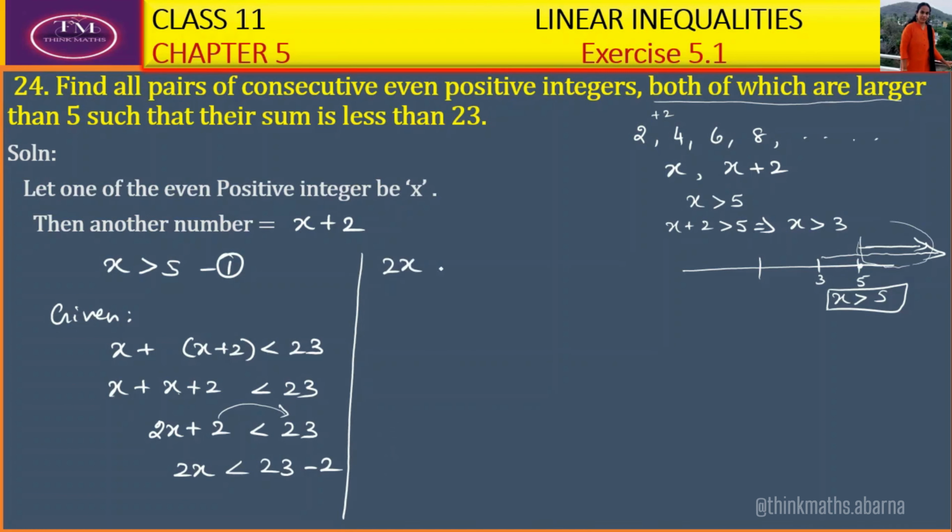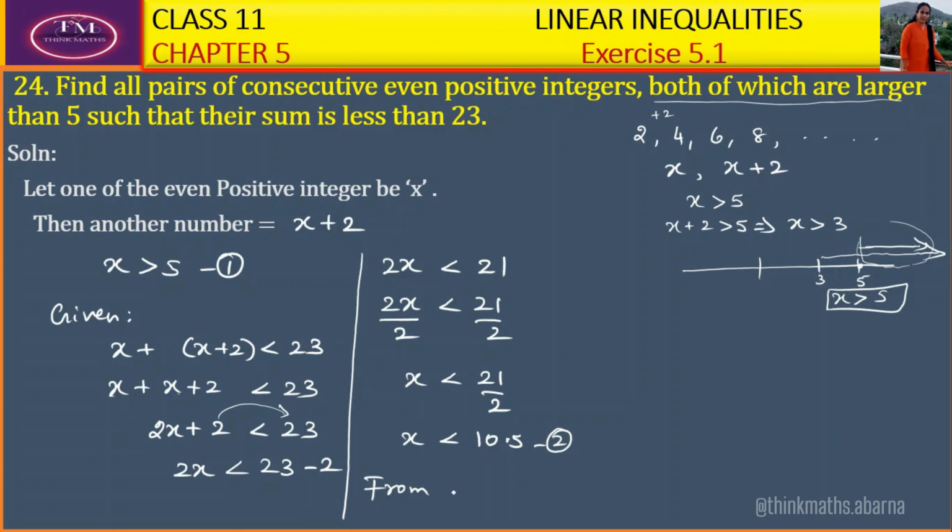So 2x is less than 23 minus 2, which is 21. To remove the 2, we have to divide by 2 on both sides. So the 2 gets cancelled, and x is less than 21 by 2. What is 21 by 2? It's nothing but 10.5. So this is the second inequality.